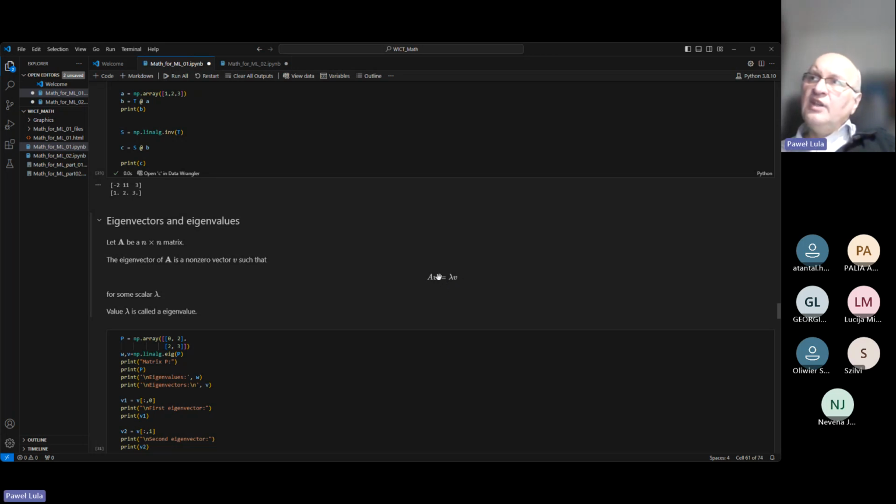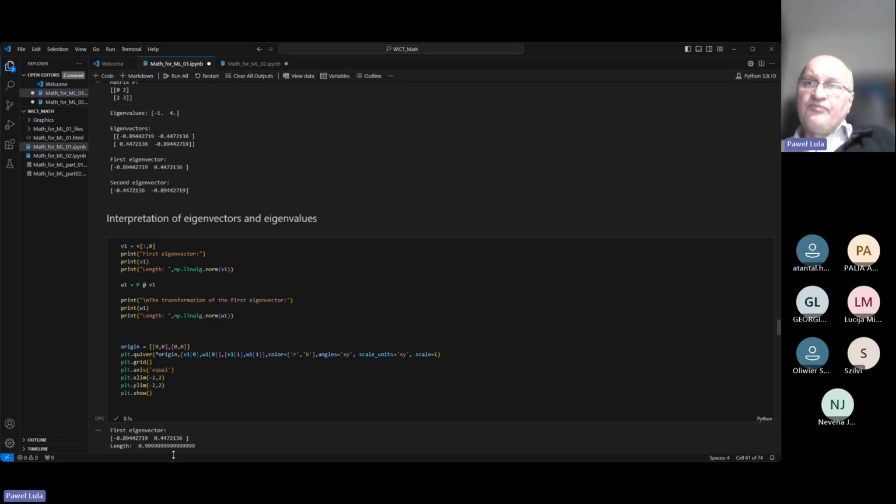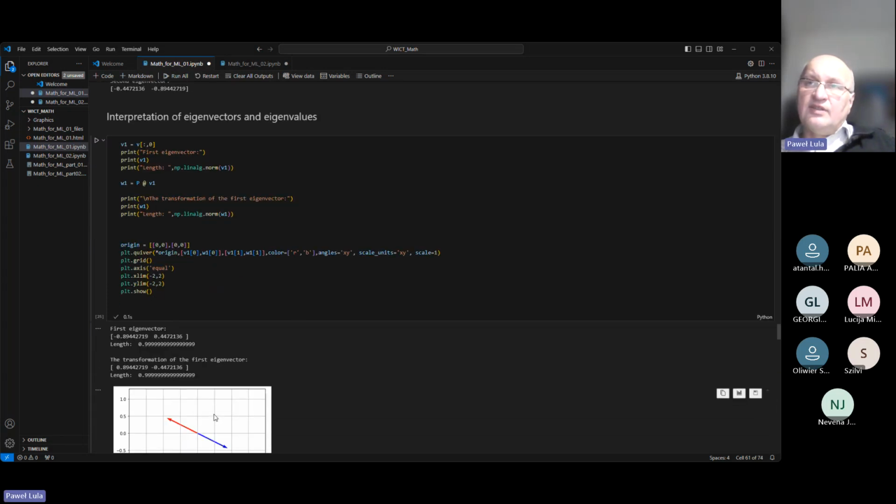So we see that the transformation of vector V and multiplication by lambda give the same result. So we see here how it works.